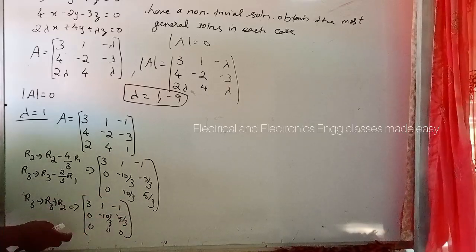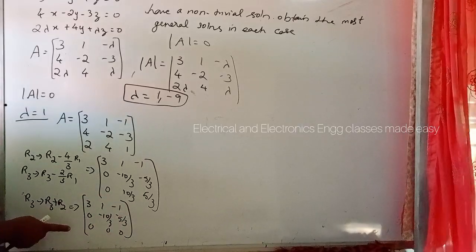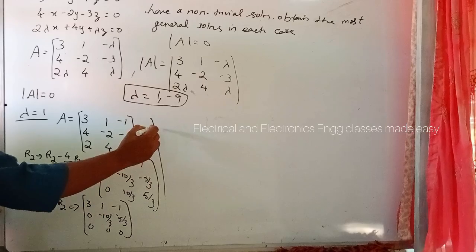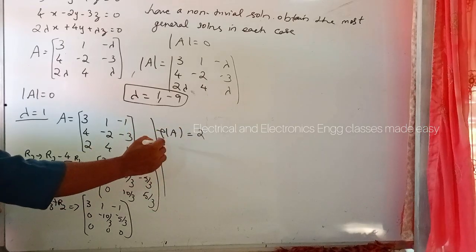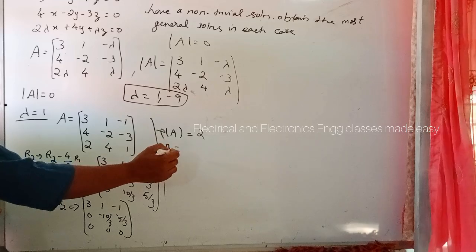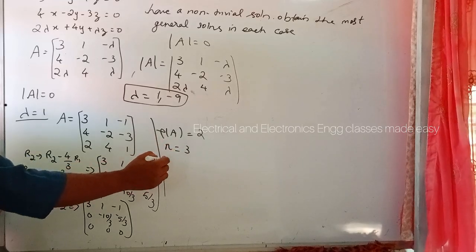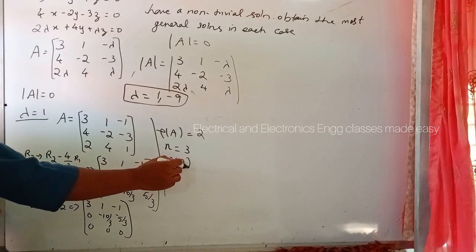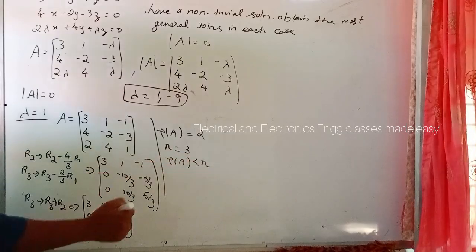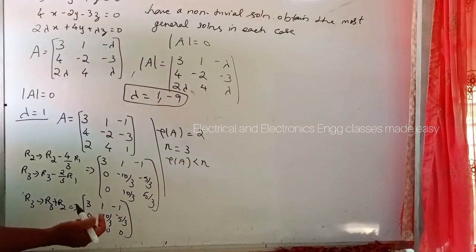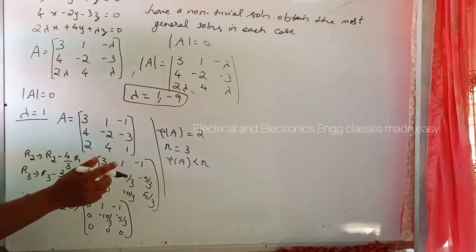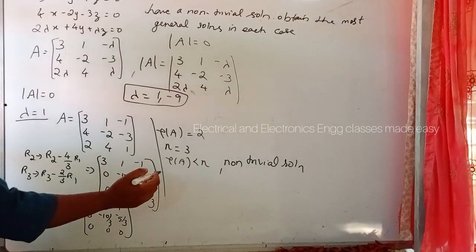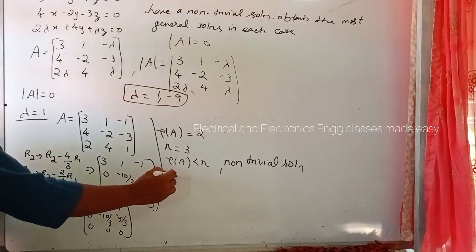So here we got one row as 0, that is rank of A is equal to 2, and the number of unknowns are x, y, z, that is 3. So rank of A is less than the number of unknowns. So here non-trivial solution.